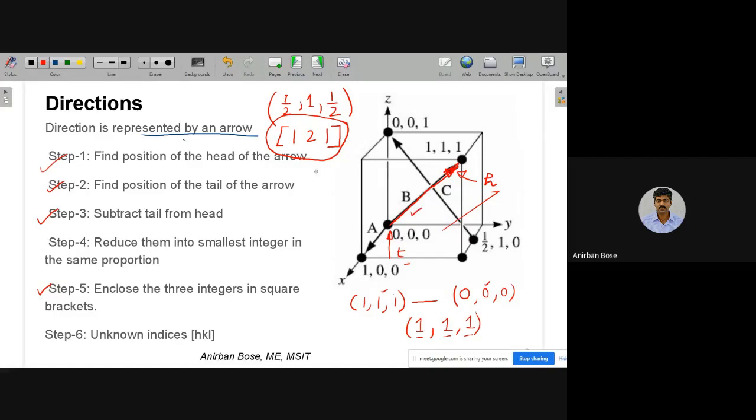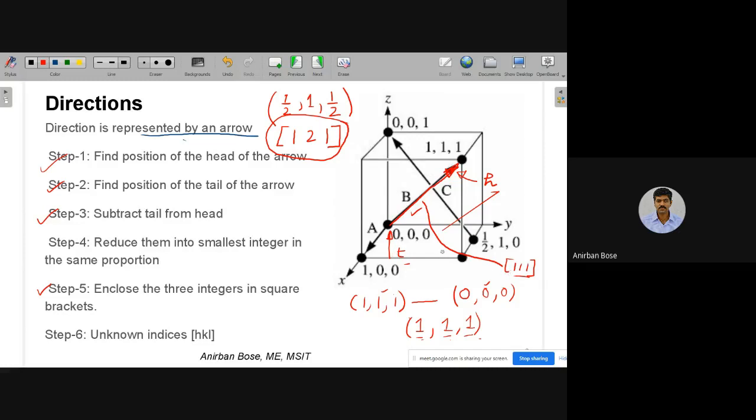So here, the direction will be 1 1 1, because after subtracting we got 1, 1, 1. Do not put any comma and put them in a square bracket. If it is in a square bracket, then you will understand that it represents a direction.